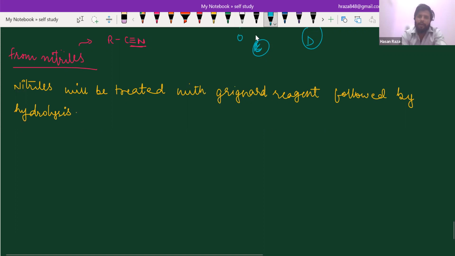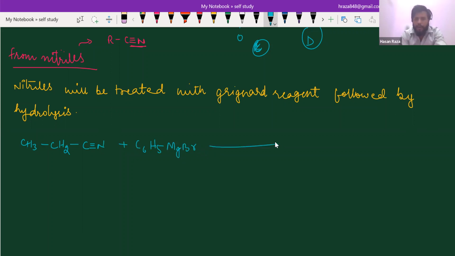I'm going to take an example, then you will get it. This is your nitrile, CH3CH2 C triple bond N. And if it is going to react with C6H5, that is R, MgBr, this is your Grignard reagent. And this reaction will be in the presence of ether because they are very reactive. That's why they are in the presence of ether.